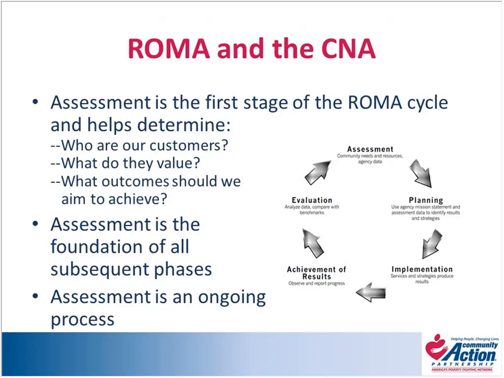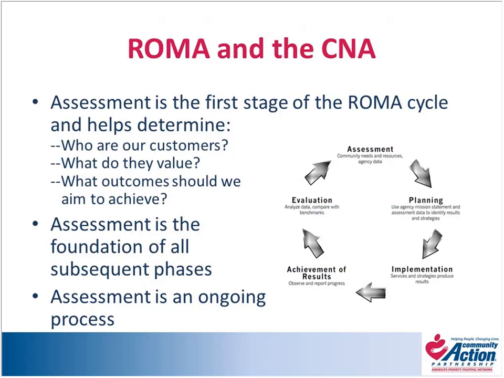It's also important to emphasize that the needs assessment is a crucial part of the results-oriented management and accountability framework. When you do your needs assessment, you are doing ROMA. And as the graphic on the screen emphasizes, assessment is there at the top of the cycle.